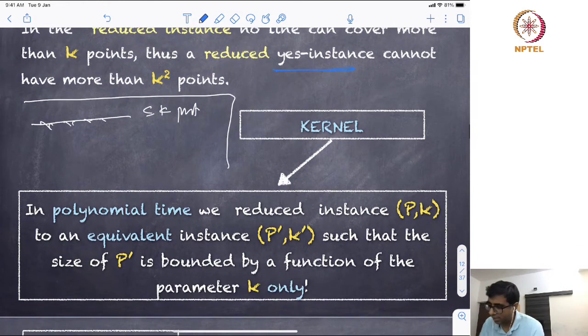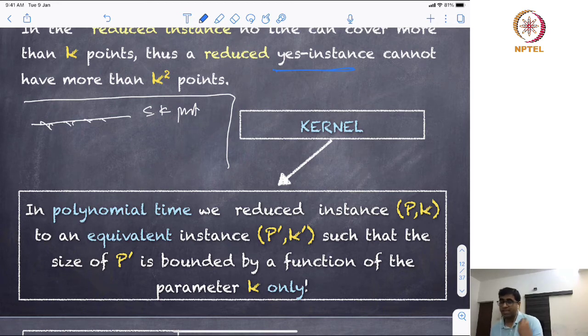So, in polynomial time, we reduce instance (P, k) to an equivalent instance (P', k') such that the size of P' is bounded by a function of the parameter k only. This is the difference between parameterized complexity and classical complexity: in classical complexity we cannot say that every invocation of the polynomial time algorithm will reduce the instance size.